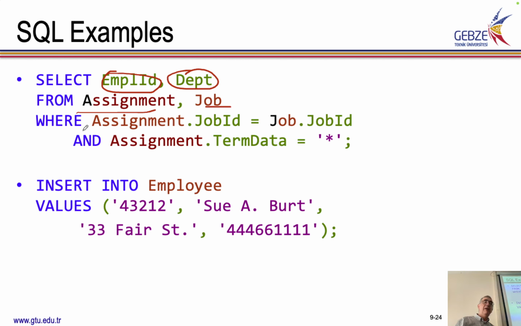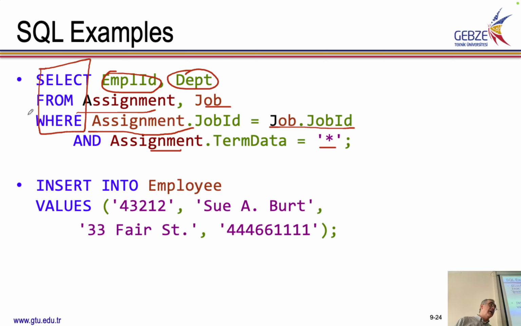Where assignment job ID is equal to job ID and assignment term date is this. So if these conditions are satisfied, it's like get me the employees whose job IDs are this and termination date is this. The command is select. Select from where. So this is the basic form.